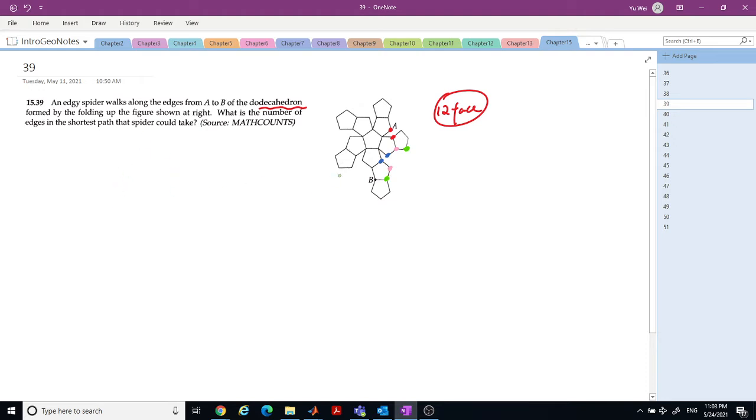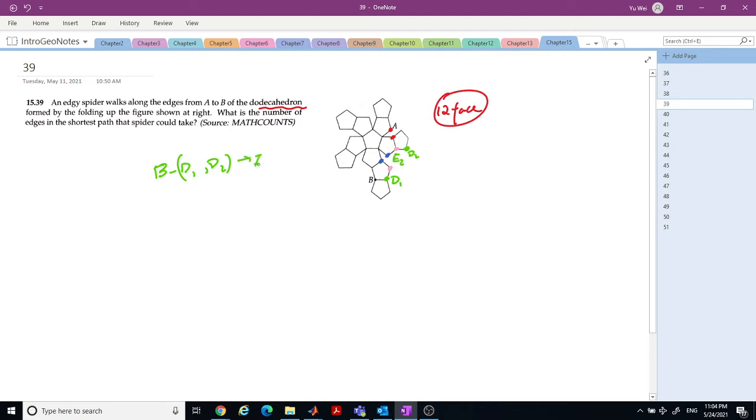So what we want to see is how fast we can go from B to A, right? Okay, so you can see here is D1 and D2, and so we can go from B to D1, right? And D1, D2 is the same thing, right? So D2, then here is E2, right?